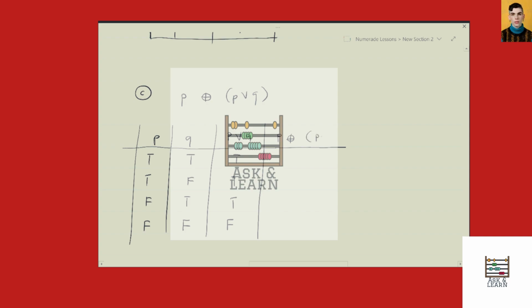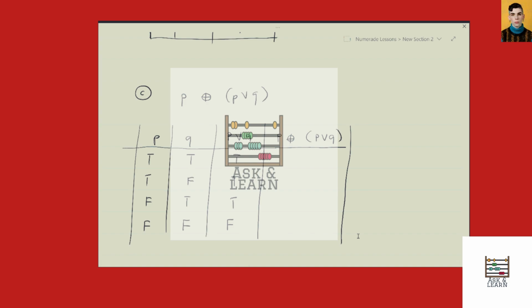or either P or Q exclusively. So here too, the logic is that when both of them are true or both are false, it is false. And when either of them is true, then it's true. Okay.